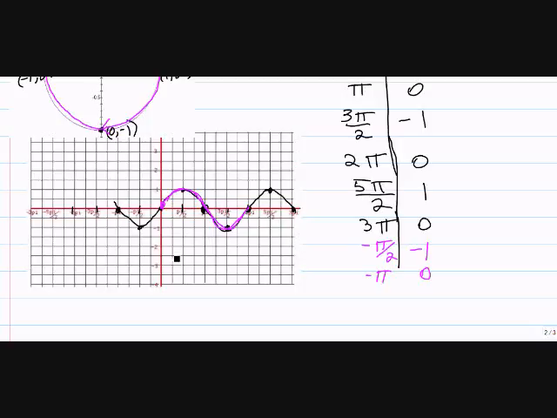How long is the period? Okay, I get 1 cycle between 0 and 2 pi. So my period is 2 pi. What's the amplitude of sine?